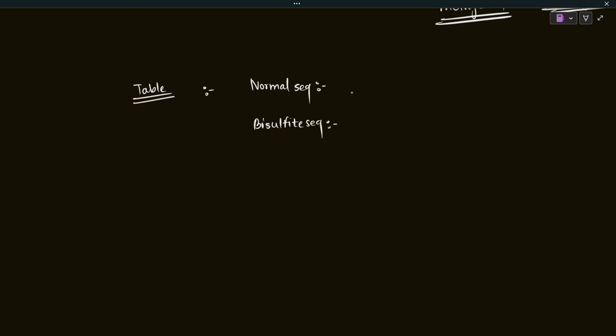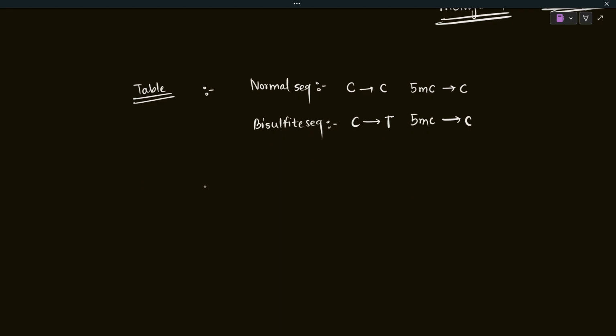In normal sequencing, cytosine will be read as cytosine only, and this cytosine will be read as thymine in bisulfite sequencing. In normal sequencing, 5-methyl cytosine is also read as cytosine, and 5-methyl cytosine is read as cytosine in bisulfite sequencing. So now here you get to differentiate.